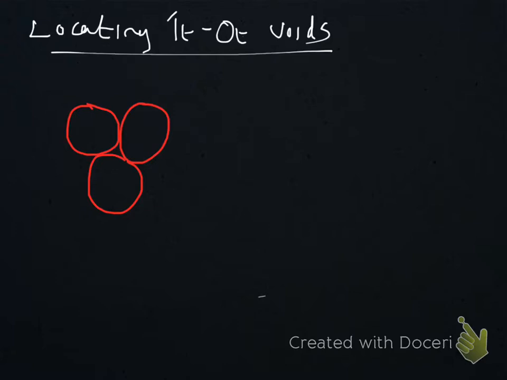And when this triangular void is capped with a particle from the upper layer, you will get a tetrahedral void between these 4 particles.